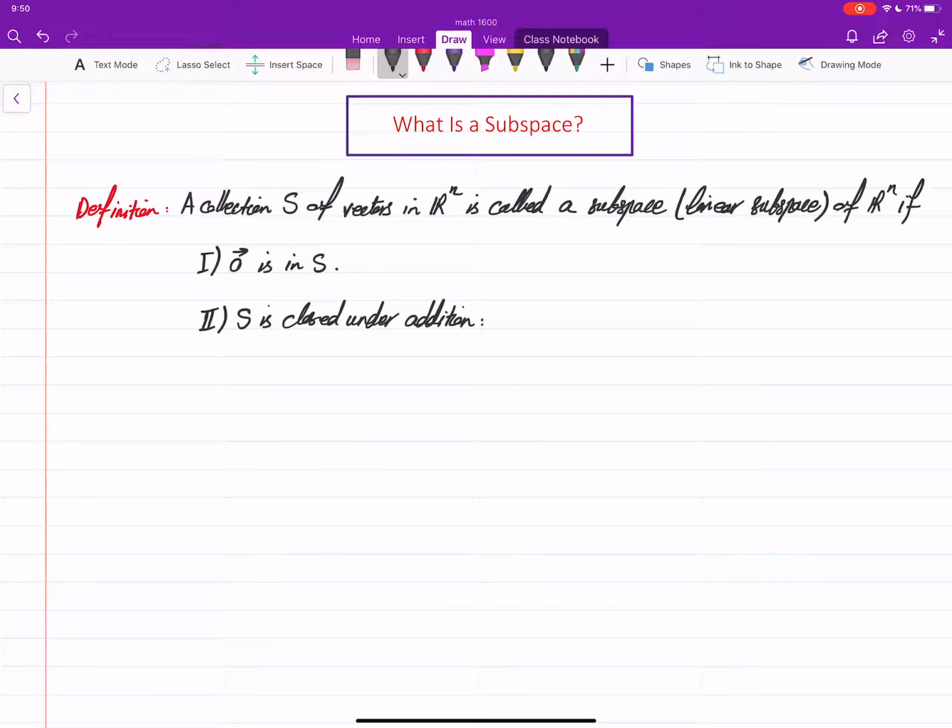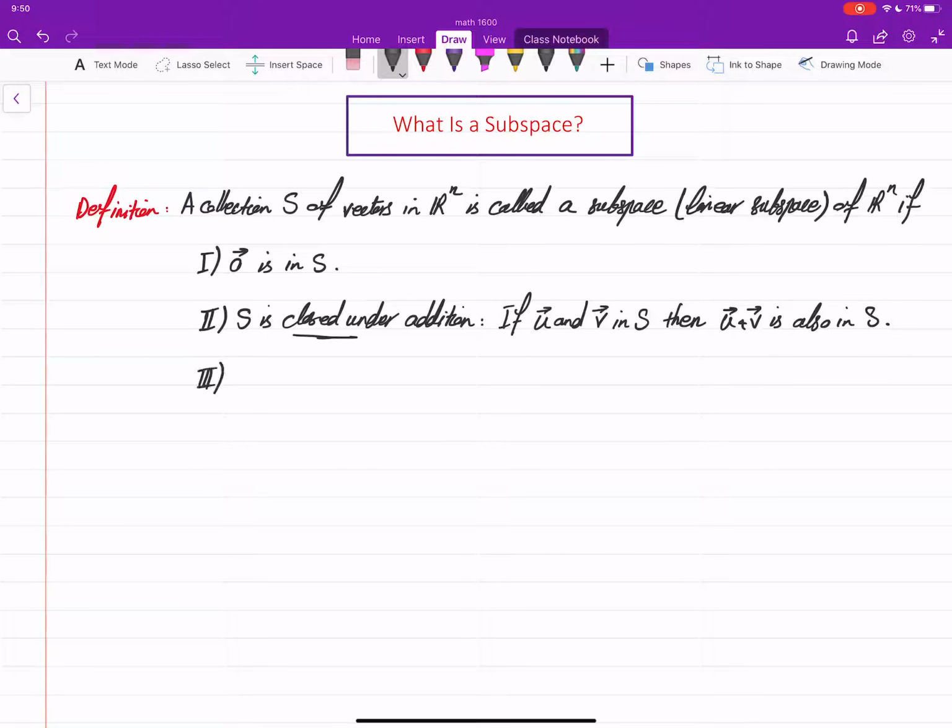It means that if we have two vectors u and v in S, then the sum of u and v is also in S. So you add any two vectors in S, you will get a vector which is in S. That's what being closed means.